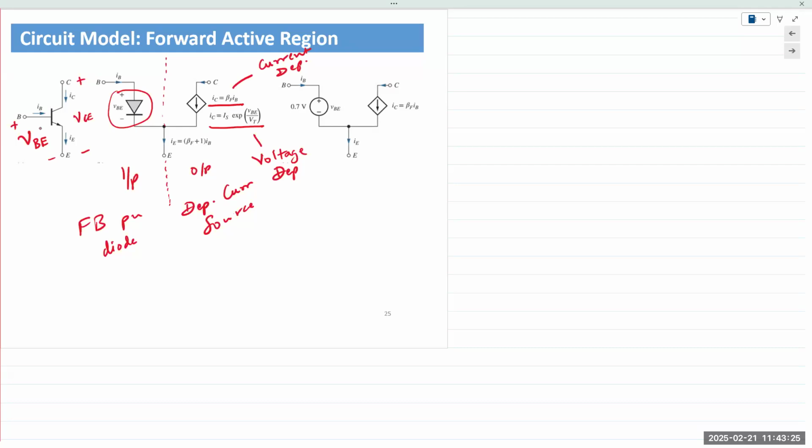So we can simplify this with a constant voltage drop model and use a voltage source of 0.7 volts. Then we can write simplified equations for all three currents.